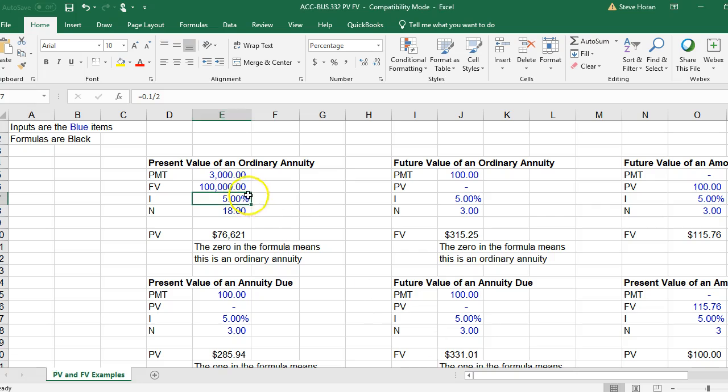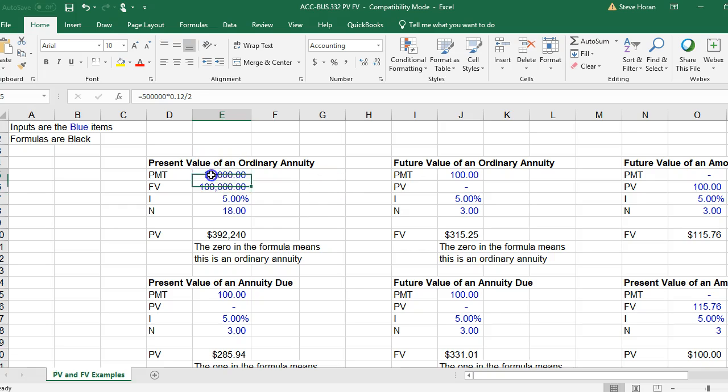So we'll go back to the present value of an ordinary annuity. The payment is based on the principal of $500,000 times the stated rate of interest of 12 divided by 2. And that's $30,000.